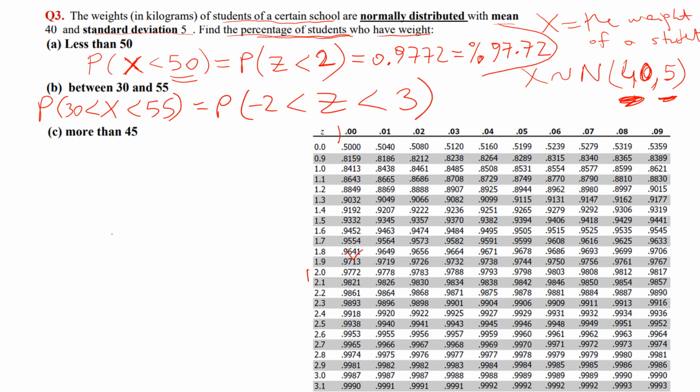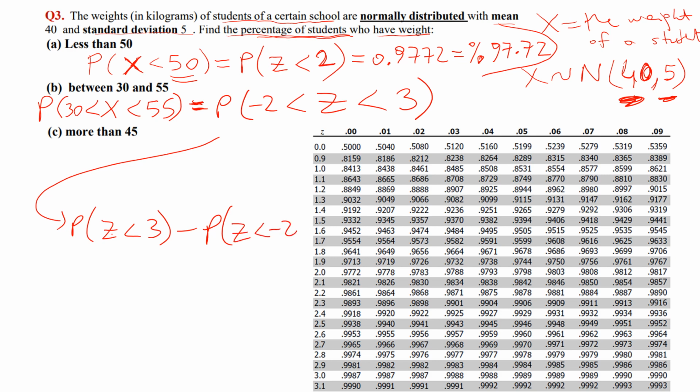Now in this case, we have to use the table here, but we can use the negative table. By using the negative table, you can write this as the probability that z is less than 3 minus the probability that z is less than minus 2.